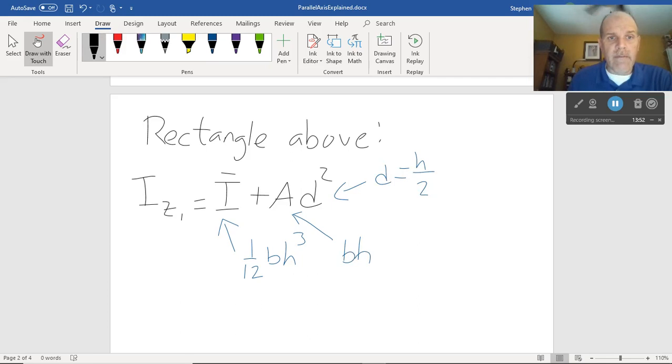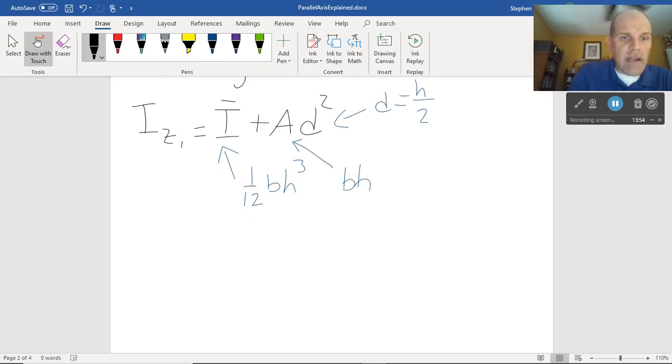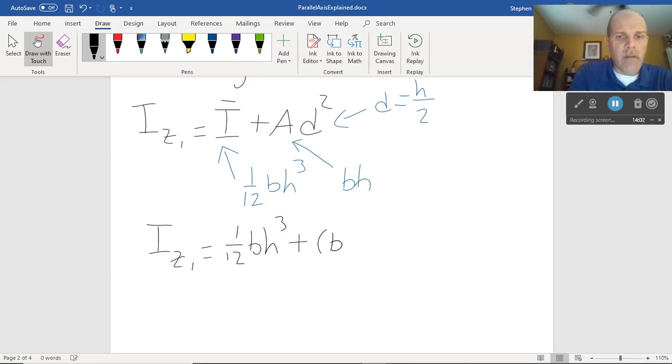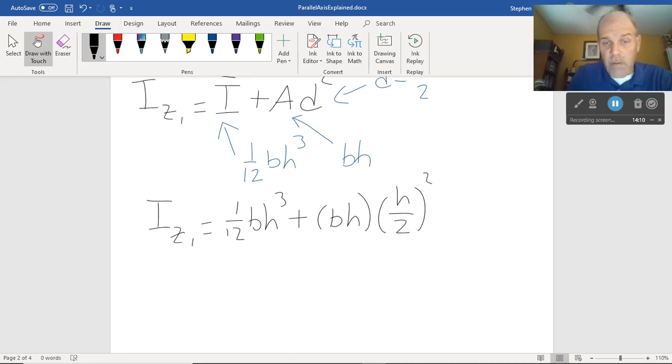So that tells me that Iz1 is equal to 1/12 bh cubed plus base height over 2 squared. I hope you're seeing that we're going to have a bh cubed in both of these terms now, because I've got bh cubed explicitly here, and I've got bh times h squared here.